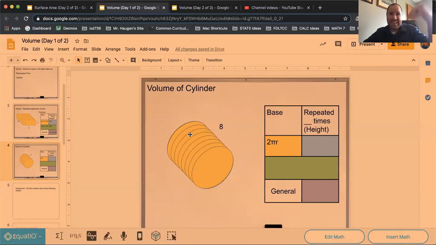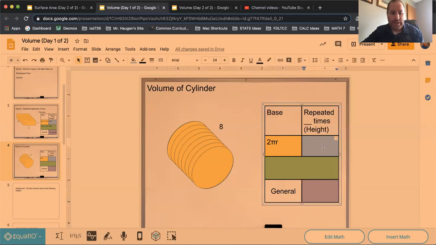It's just a bunch of stacked circles. If you like to think about it, maybe you've got some quarters, and if you stack those quarters up, that's essentially making a cylinder. That's all a cylinder is. I'm taking every quarter, or whatever circle, and stacking them up.